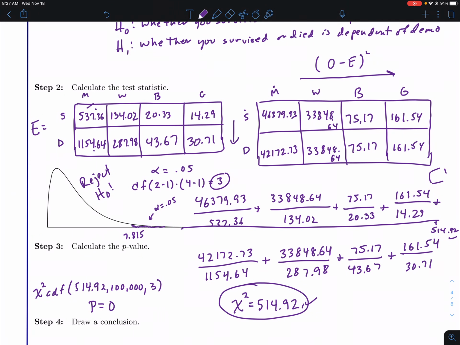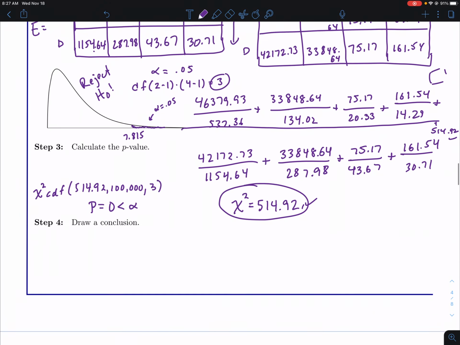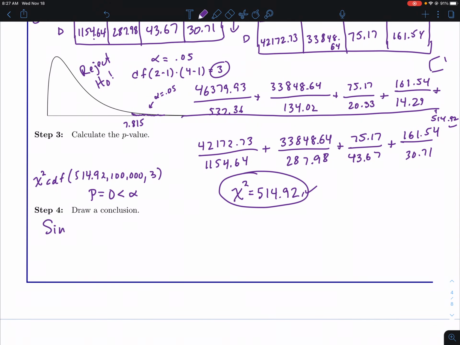So our p-value is 0, which is clearly less than alpha. So in this case, since p is super less than alpha, we reject H naught.